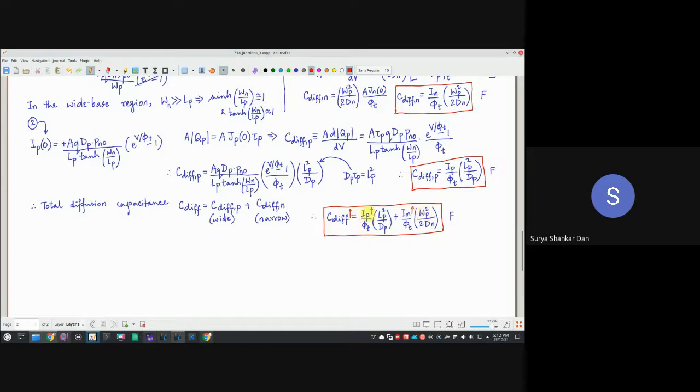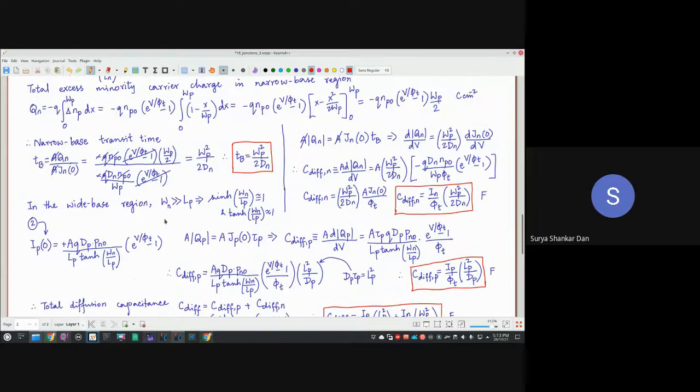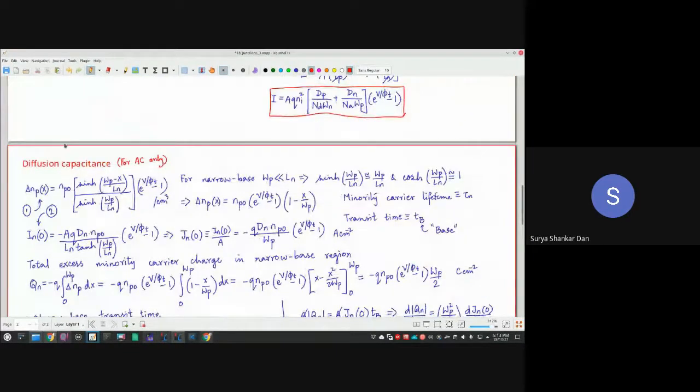So clearly, if you are trying to design a BJT, the main capacitance of the BJT will come from the diffusion capacitance if you are specifically operating at a high frequency. And why is that so important? Because BJTs are primarily used for high frequency operation.